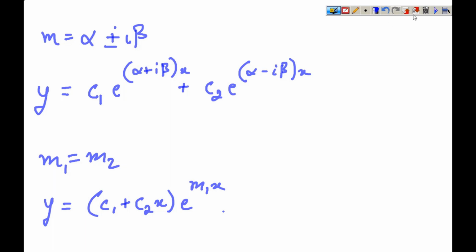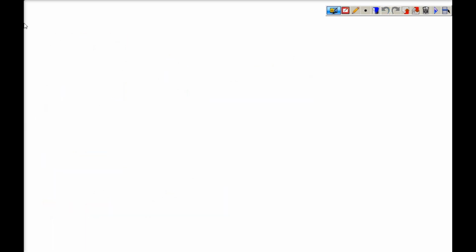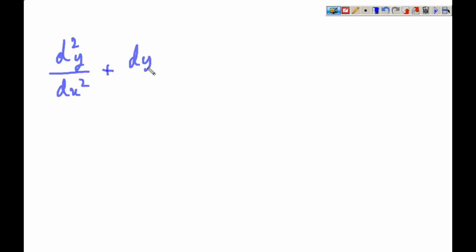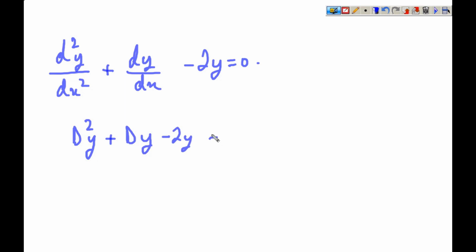Let's solve an example. We need to solve the differential equation given as d²y by dx² plus dy by dx minus 2y equals 0. We can rewrite this in terms of D, and it will come out to be D²y plus Dy minus 2y equals 0.